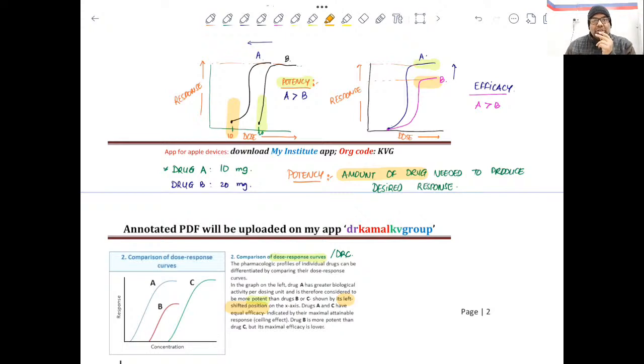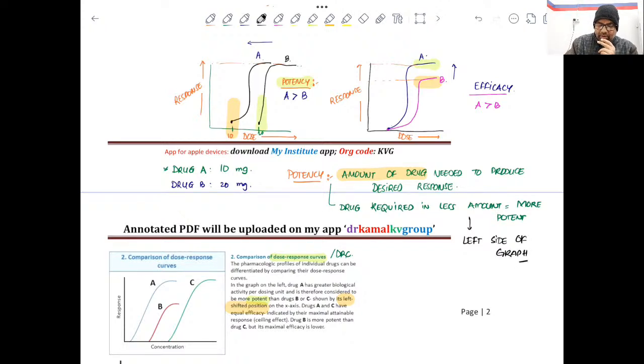The drug which is required in less amount will be more potent, right? So if we just write here, the drug required in less amount is more potent, and therefore it is plotted on the left side of the graph. So left side of graph.